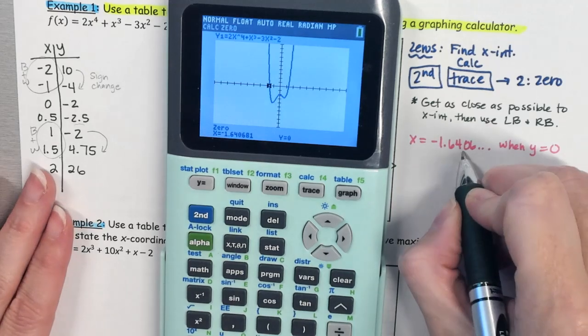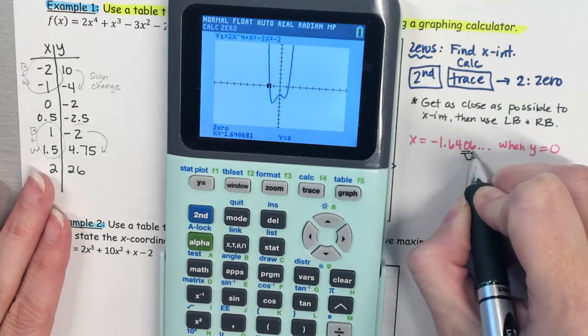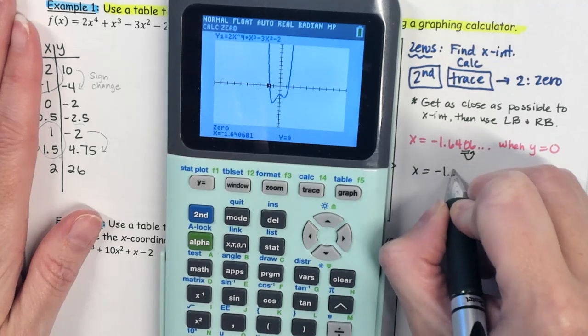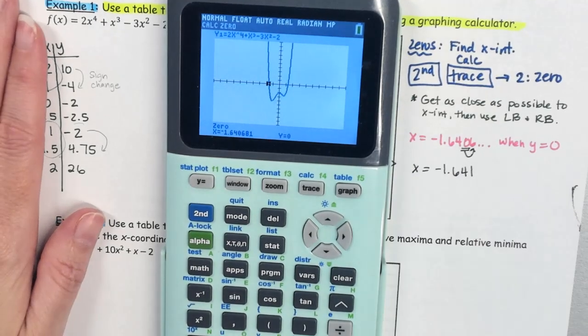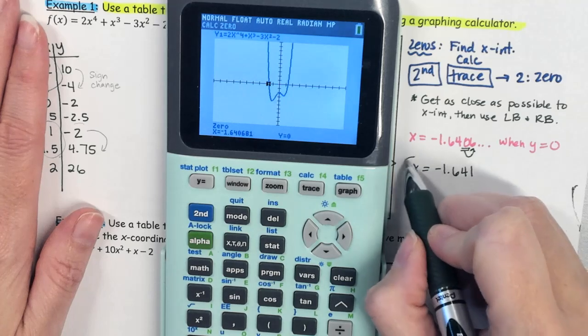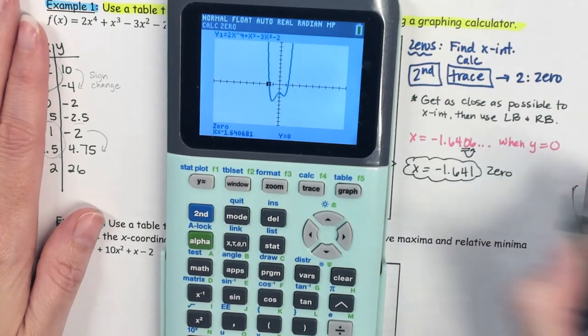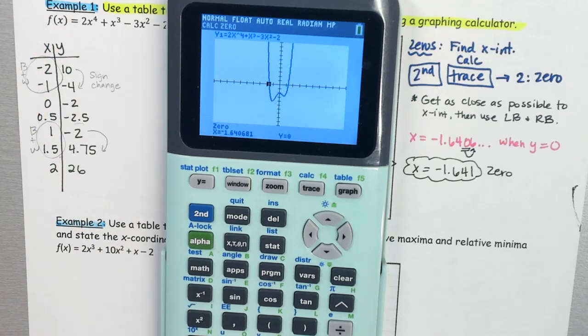So what we do, I always underline it, and then I look at the one behind it. So it's x equals negative 1.641. Okay, so this is one of your zeros. All right, and then I'm going to give you guys a moment to find your second one. And then once you've done that, if you want to plug in the second graph.